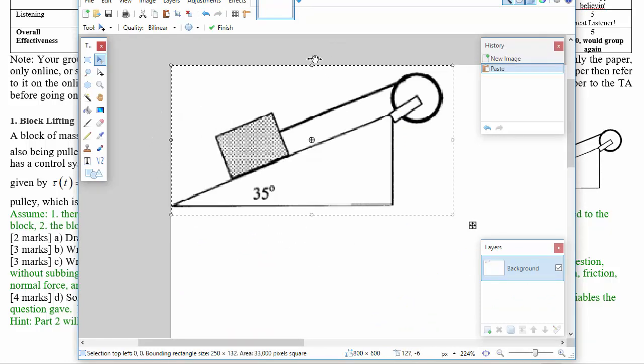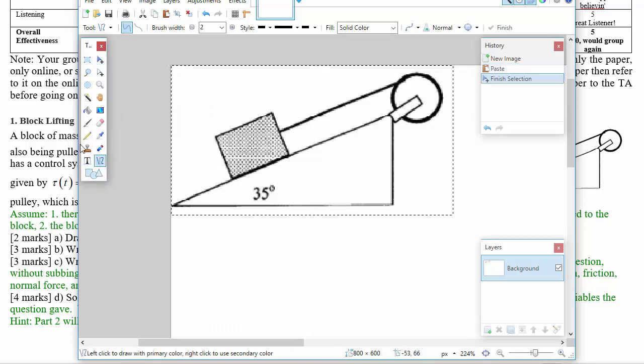Okay, now within paint.net, you can use any other program to do this that's convenient for you. I like this one. It's got some keyboard accelerators, some shortcut keys for things like a line. You can put an arrowhead at the end of it like that, and then draw different things on the diagram. Let's use a different color so that we can see things a little bit more easily.